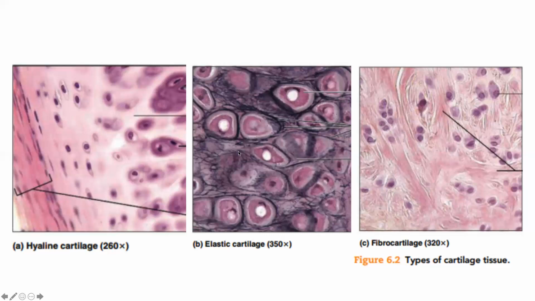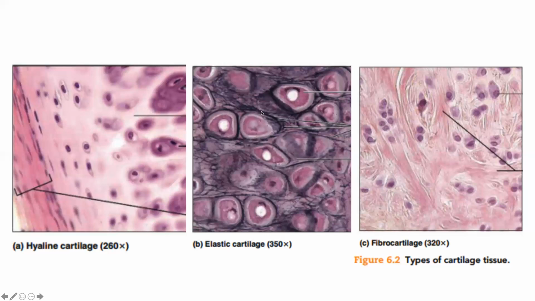Elastic cartilage is quite difficult to differentiate from other forms of cartilage unless you do a special stain. That stain shows the elastin, which is in the matrix of the elastic cartilage. Now you can see the big chondrocytes in the matrix.